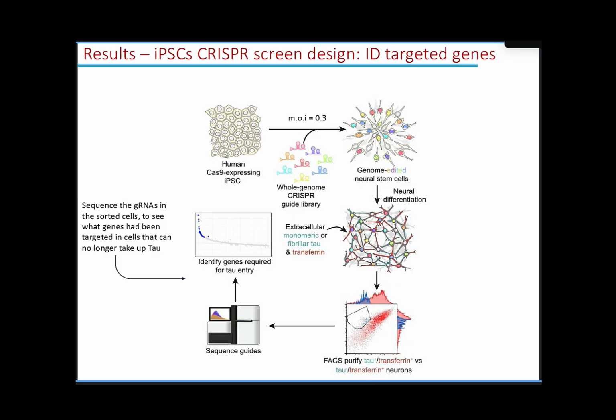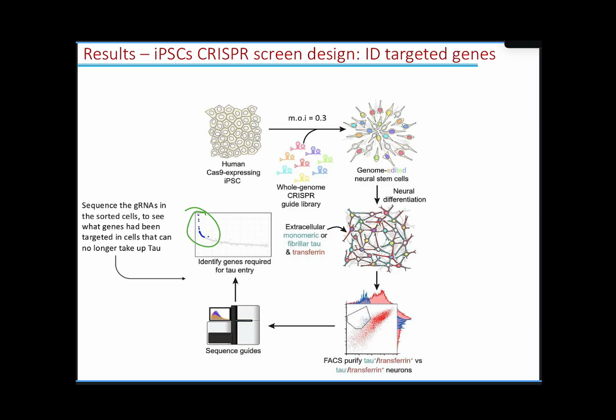And by doing that, you can then identify the genes that had been mutated in these cells that were failing to uptake tau, simply by looking at the guide RNAs.